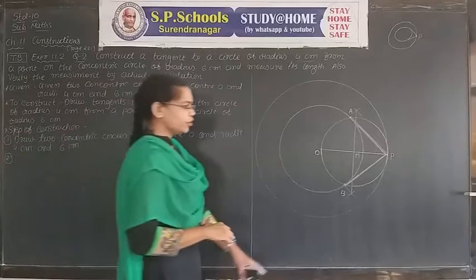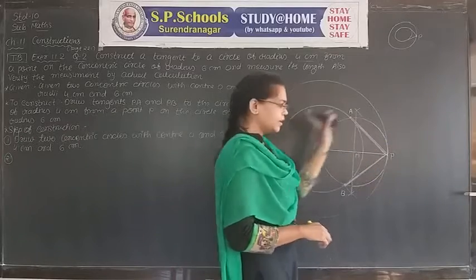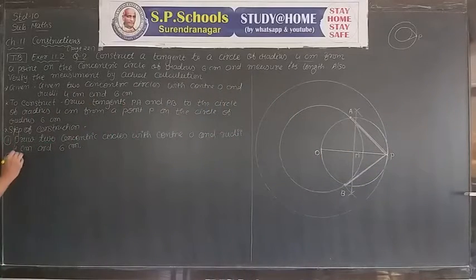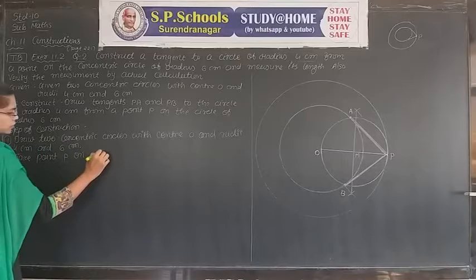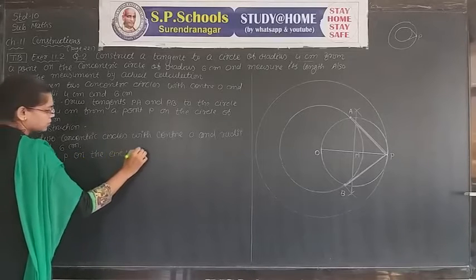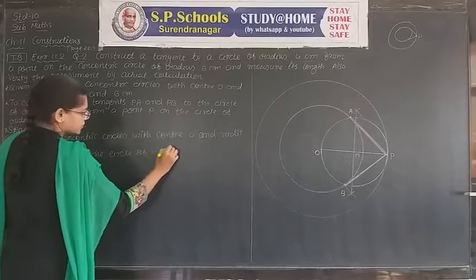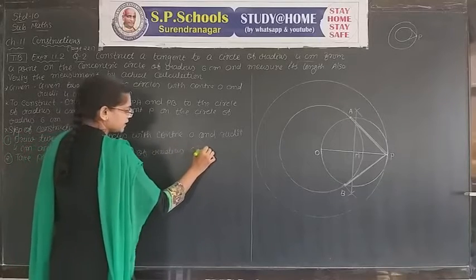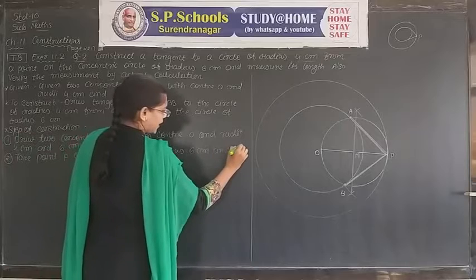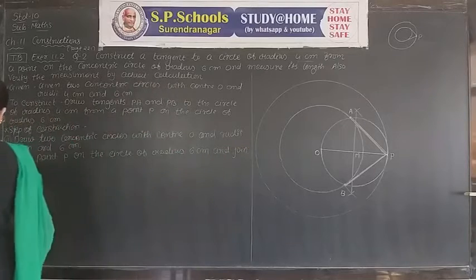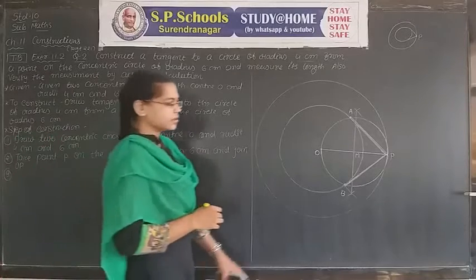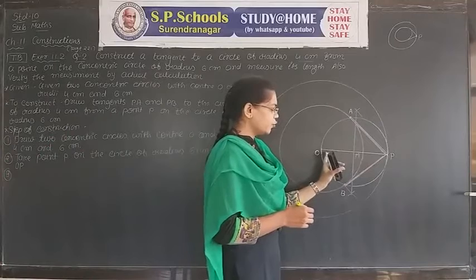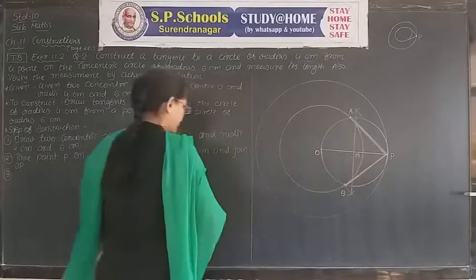Second, take a point P on the circle of radius 6 cm and join OP.